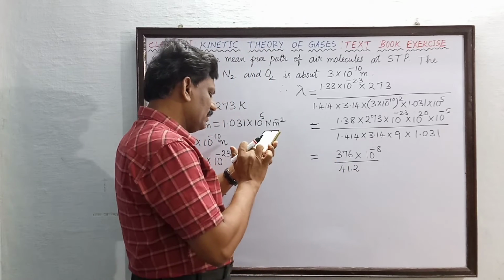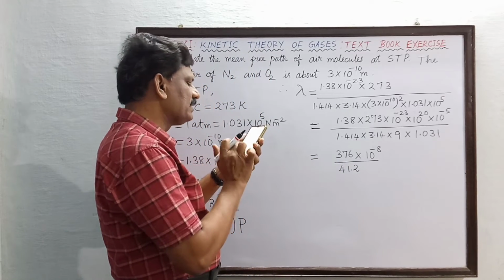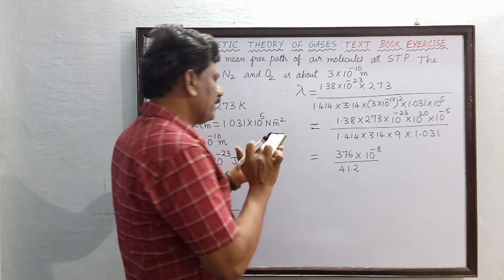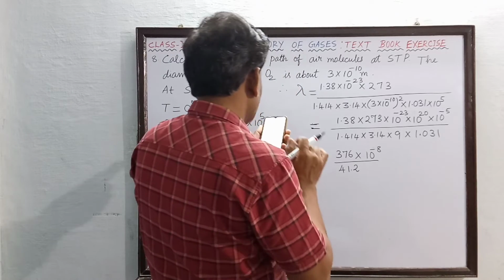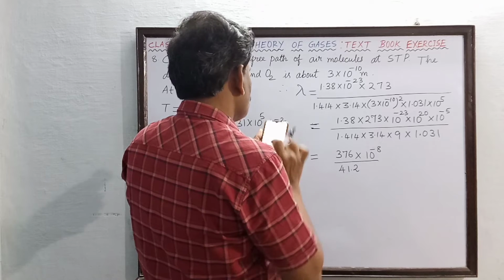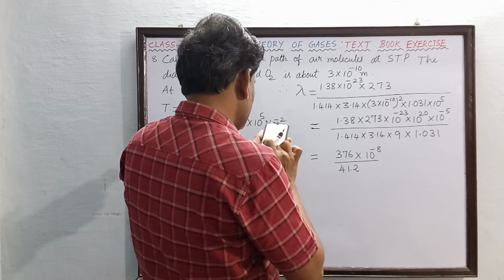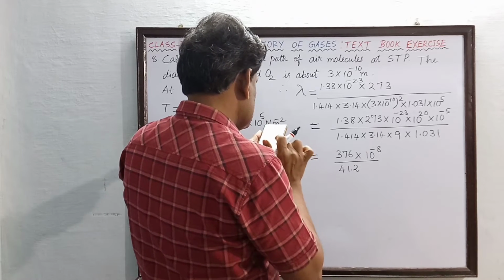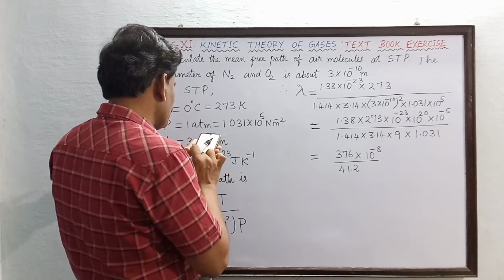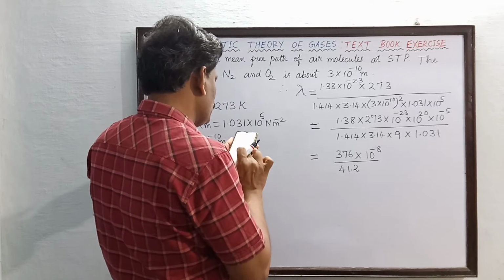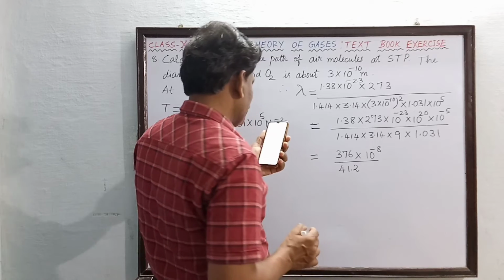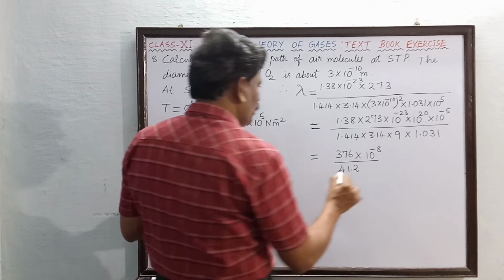This ratio I will find out once again. 376 divided by 41.2. So this is coming as 9.126.